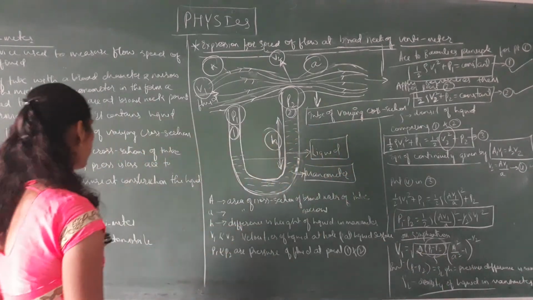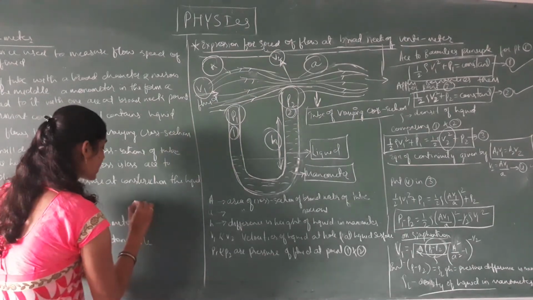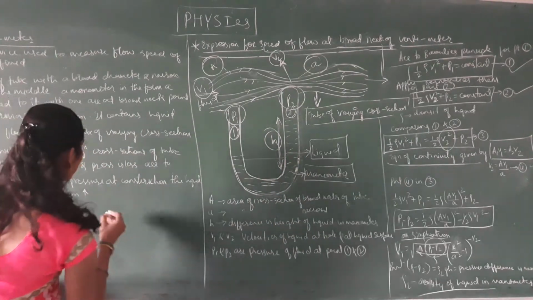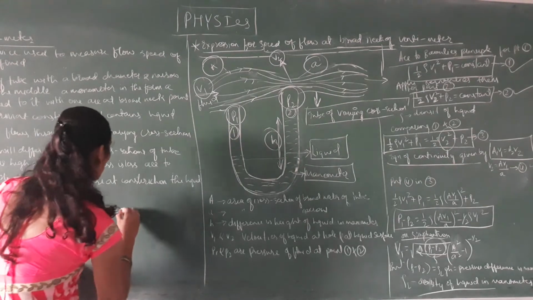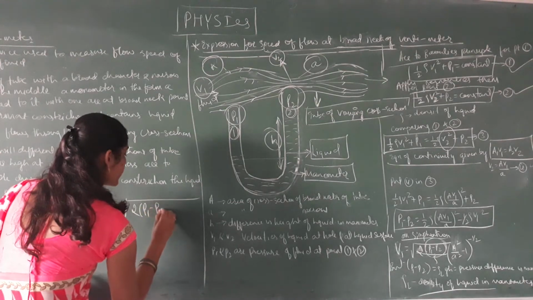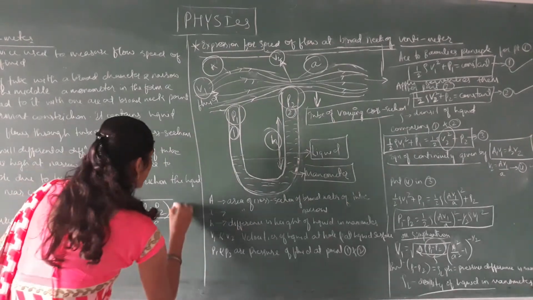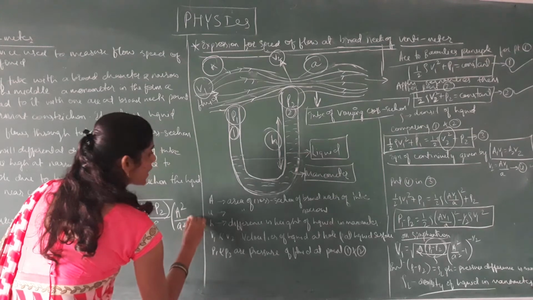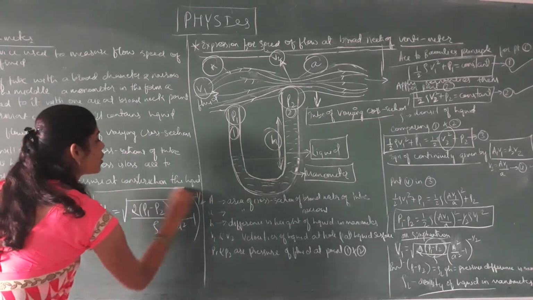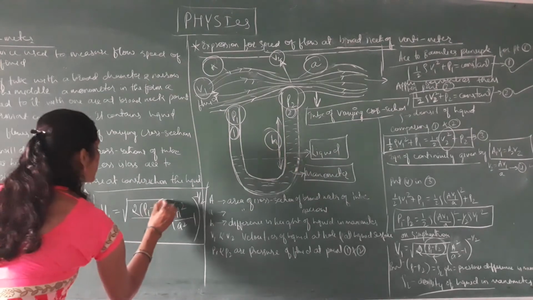The final expression for the speed at the broader neck on simplification is v1 is equal to root of 2 in the bracket p1 minus p2 divided by rho, in the bracket A square divided by small a square minus 1, whole to the power of minus half. This is the expression for the speed of flow at the broader neck.